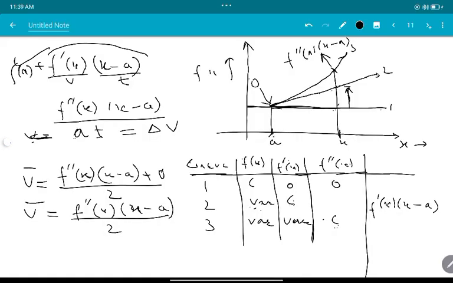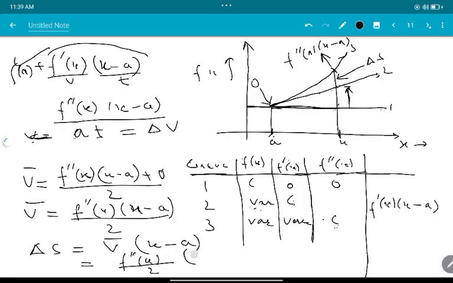Therefore, how much additional distance will it travel because of this average velocity? That's quite easy now. The additional distance delta s is equal to velocity into time, that is, average velocity into time. Time is x minus a. So when I substitute the average velocity, I get f double dash x by 2 into x minus a.